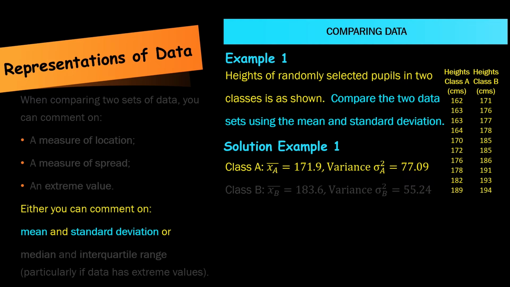So here are the summary statistics for class A, the mean and the variance.